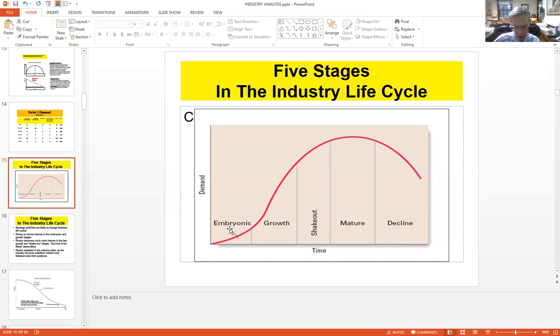If the industry is in its embryonic stage, we're probably looking at a situation where not many customers even know that we exist.